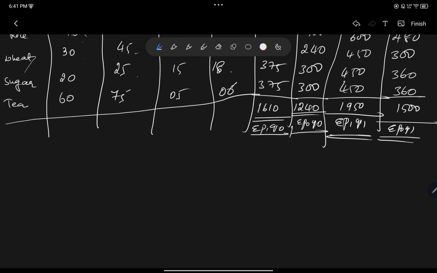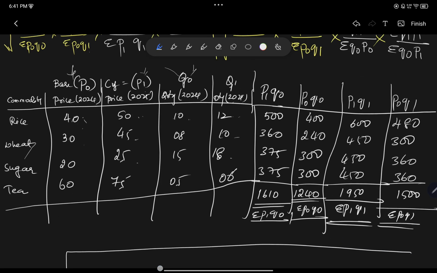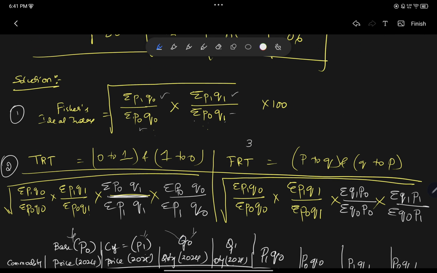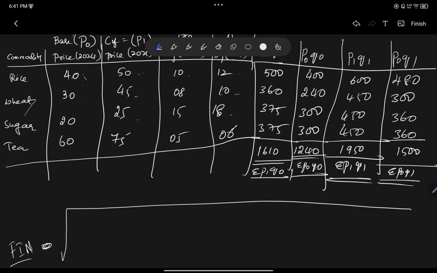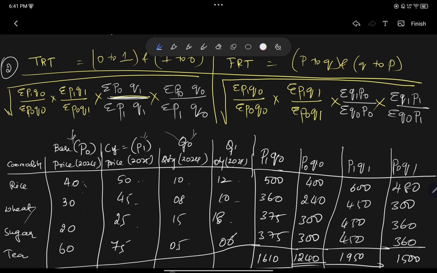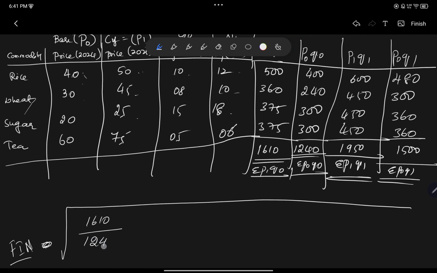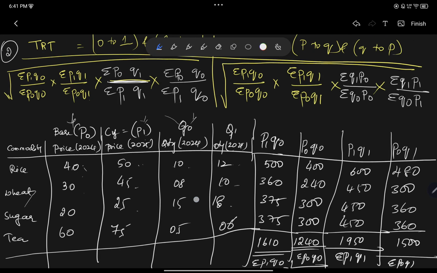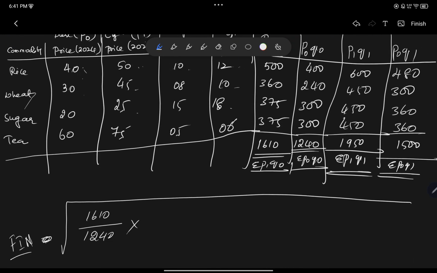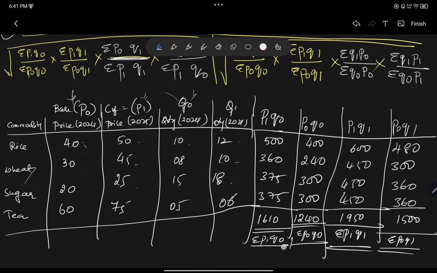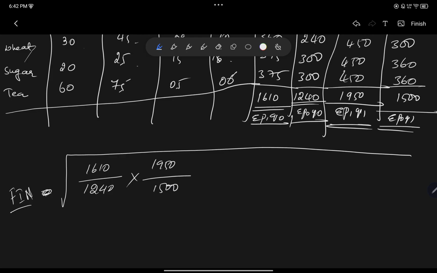As per the Fisher's ideal index number, what do I need to do? First I need to put the square root, right? As per the formula, total of P1 Q0, which is 1610, divided by total of P0 Q0, which is 1240, into total of P1 Q1, which is 1950, divided by total of P0 Q1, which is 1500, right?